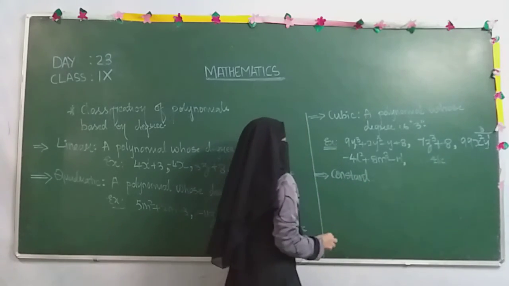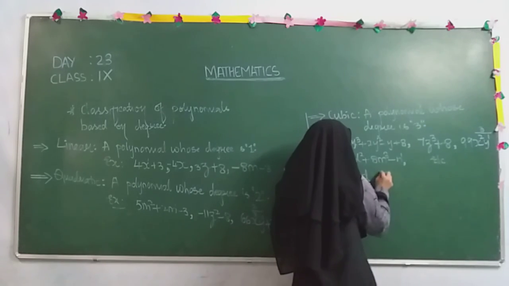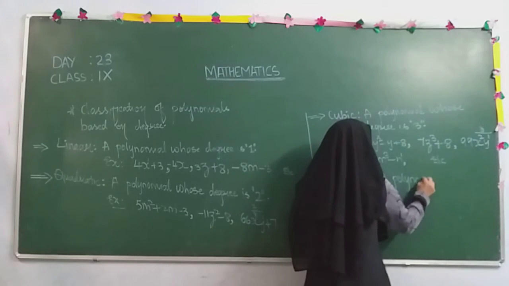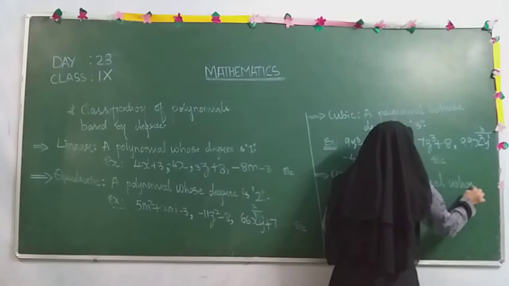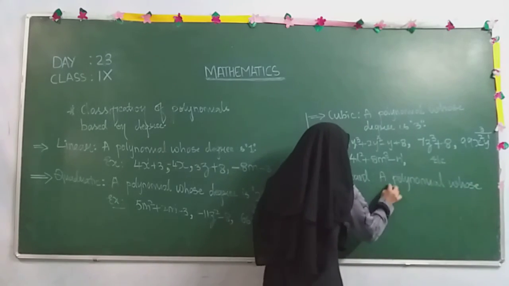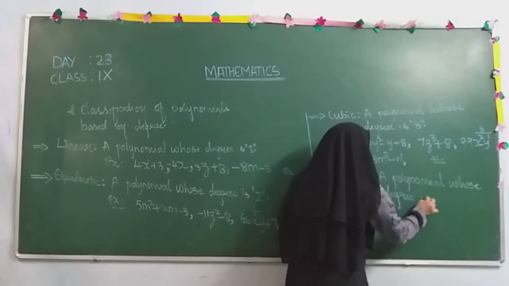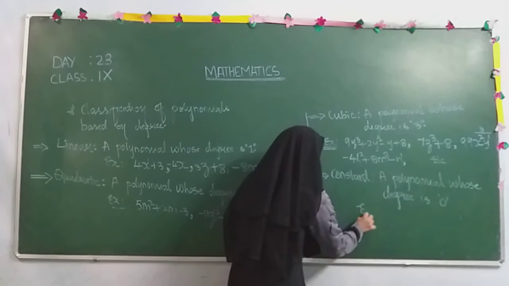Constant polynomial, a polynomial with 0 degree. A polynomial whose degree is 0.